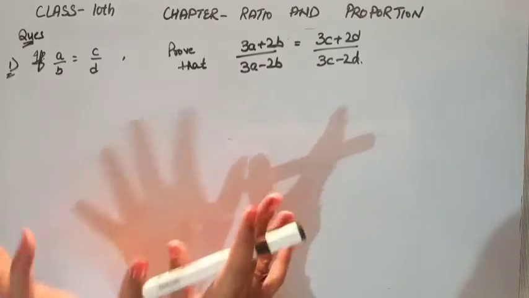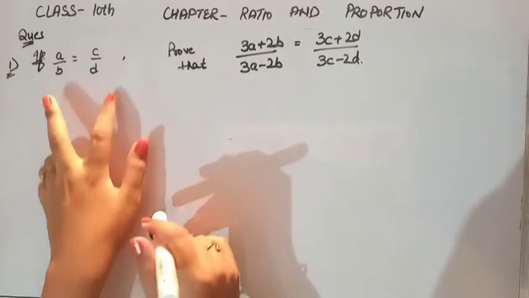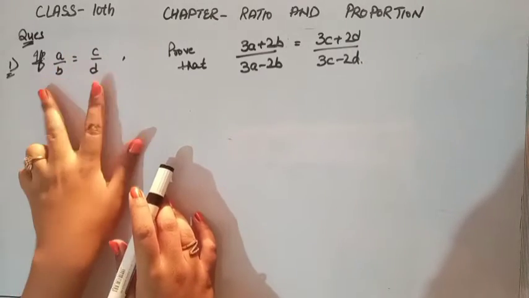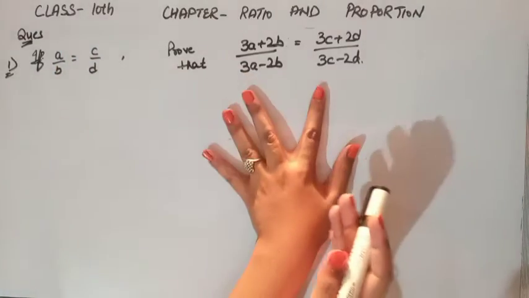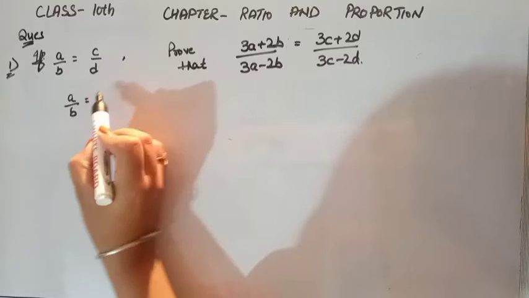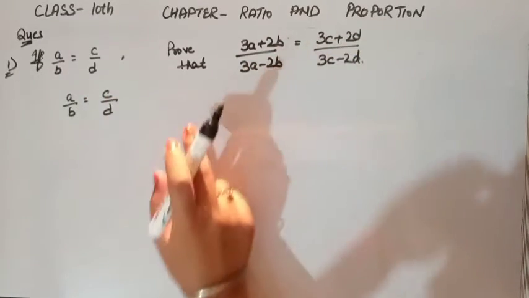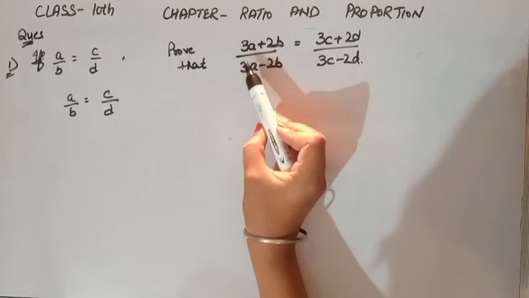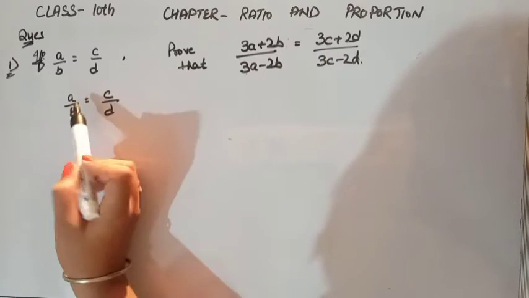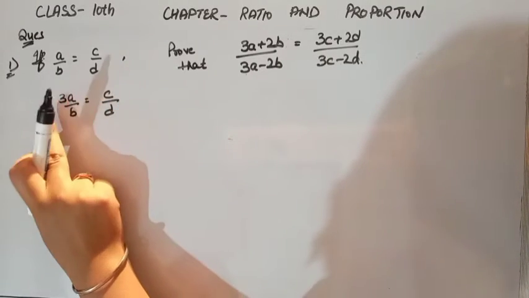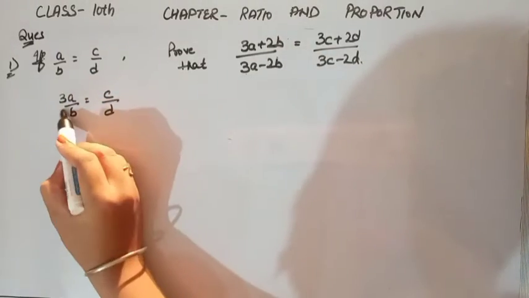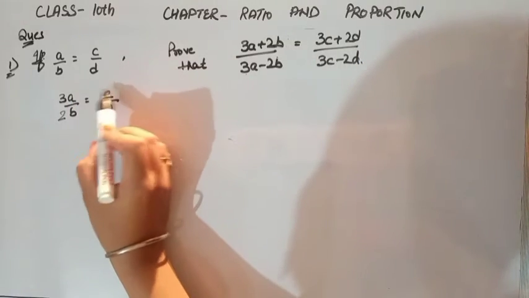Now let us discuss some questions on the properties of proportion. For example, our first question: if A by B is equal to C by D, meaning this is a proportion given to us, we have to prove this equation. In this equation, A is 3 times and B is 2 times, and C is 3 times and D is 2 times.